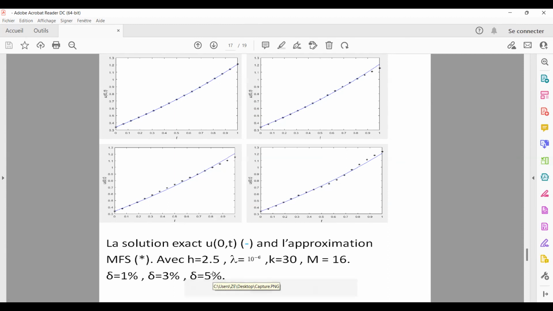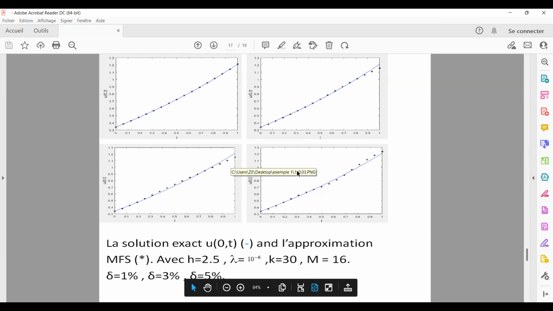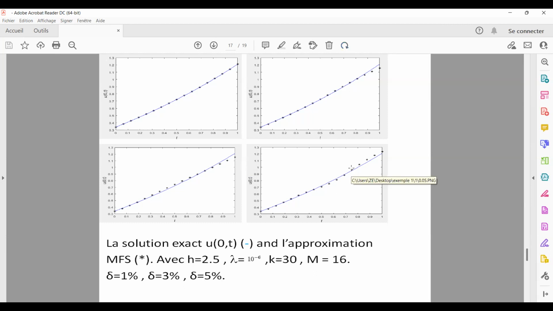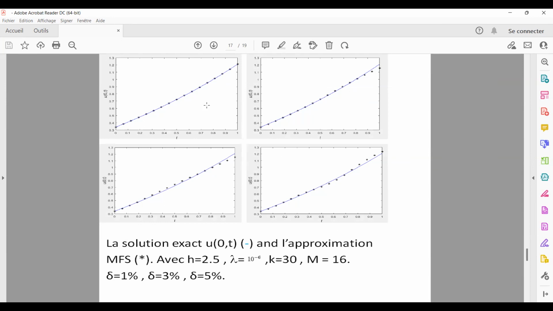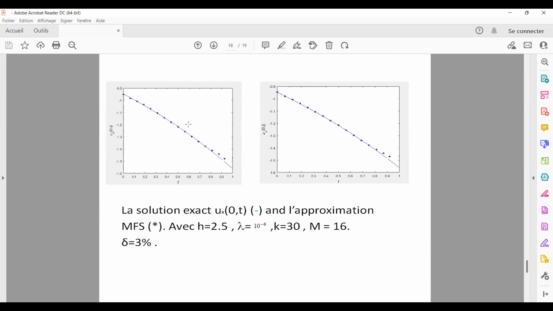Si on augmente le niveau de perturbation, on voit que l'erreur augmente. Ça, c'est pour les conditions de Dirichlet. Ça, c'est pour les conditions de Neumann.